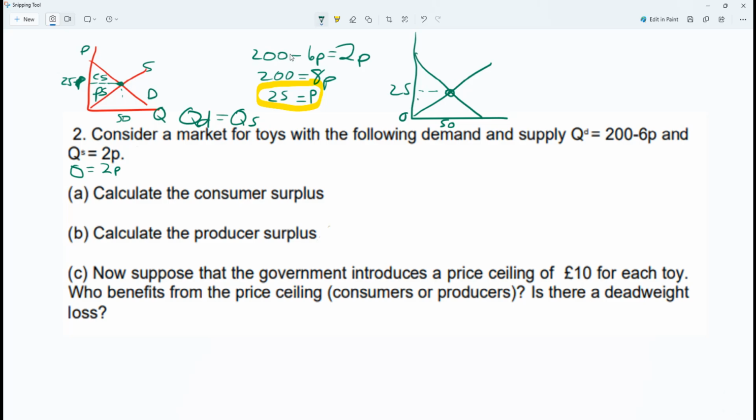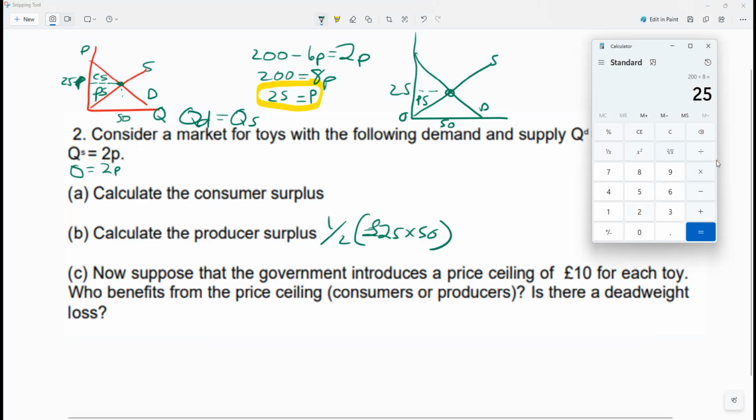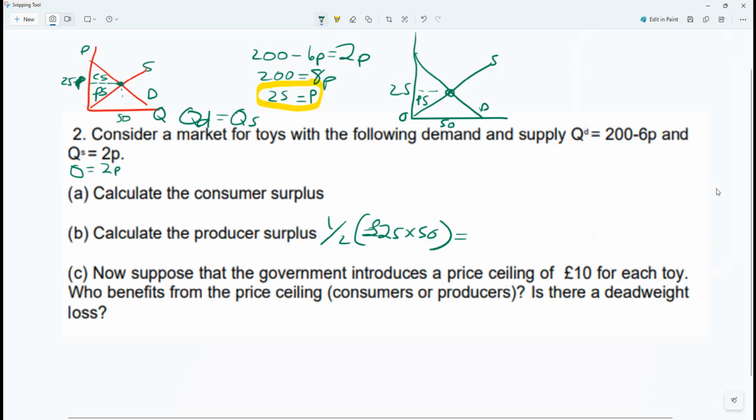So the supply curve starts out at 0. This would be the producer surplus. So it would be 1/2 times the price from 0 to 25, in British pounds, so 25 pounds times 50. And what is 25 times 50? And then half of that is 625. So that's the producer surplus in the free market.